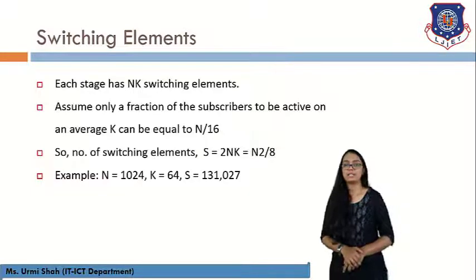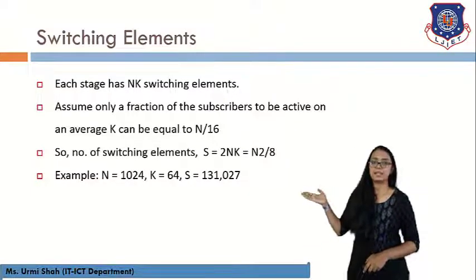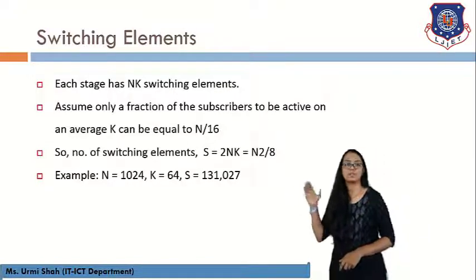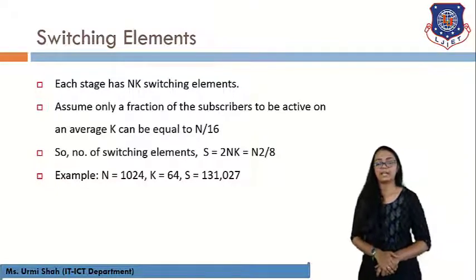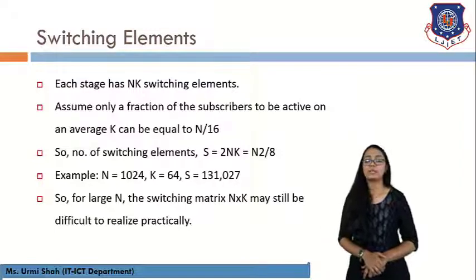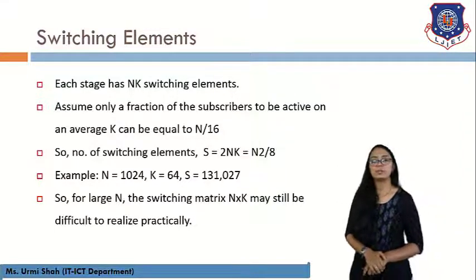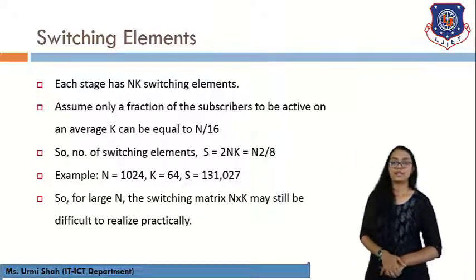And if you have N equal to 1024, then this many subscribers will be active, and this many switching elements will be involved in the switching network at that time. This way you can calculate the switching capacity, and if the switching matrix is given, you can practically realize the switching network.